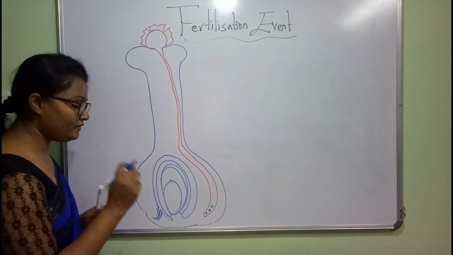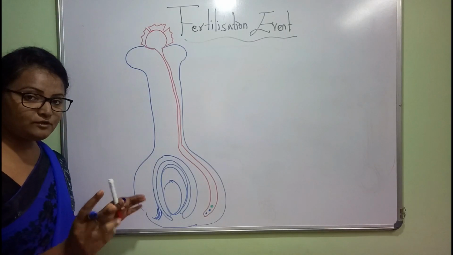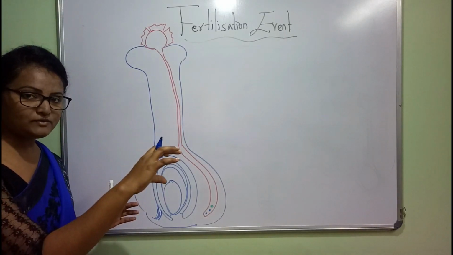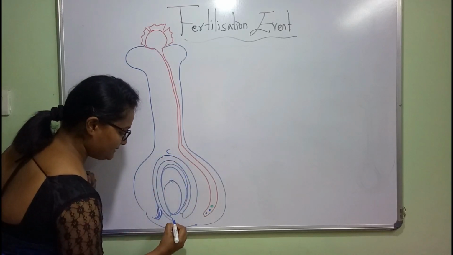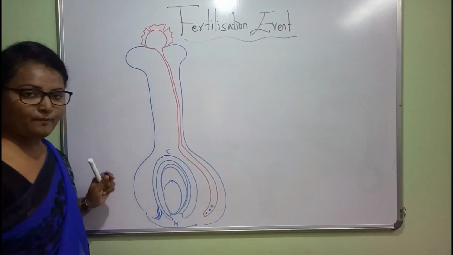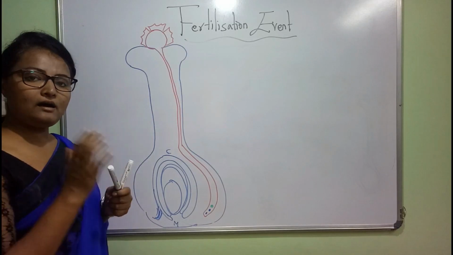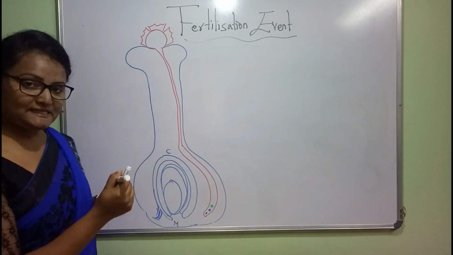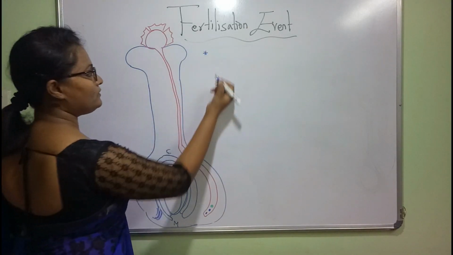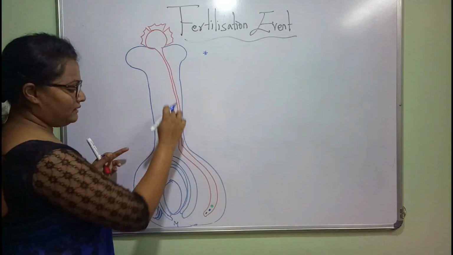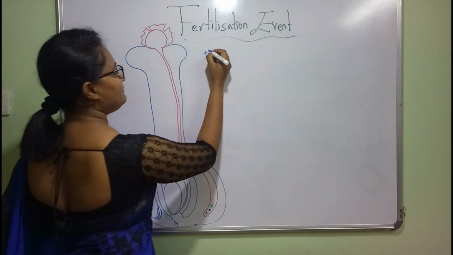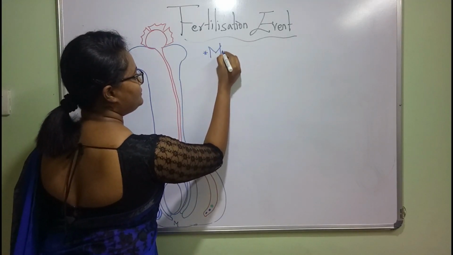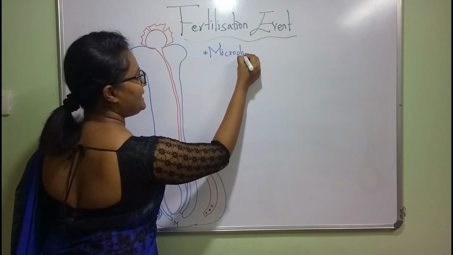What does the ovule contain? Two layers of integuments, a nucellus region and embryo sac. Just remember, this is the chalazal end and this is our micropyle end. So in angiosperms, in the maximum percentage of plants, the pollen tube entry will be through the micropyle end only.